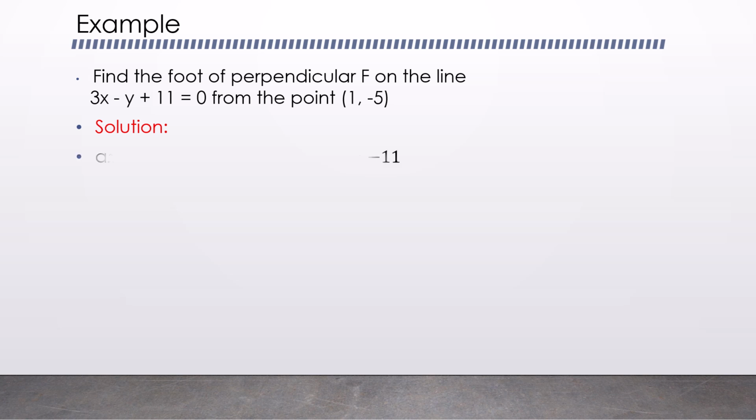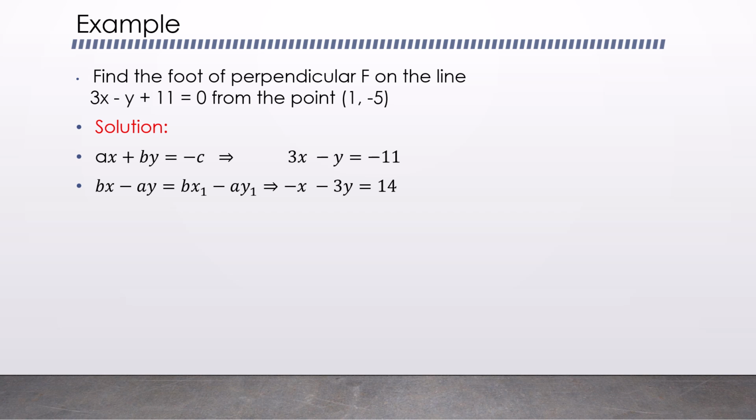We recall the equation of the given line is given by ax plus by equals minus c. This implies 3x minus y is equal to minus 11. And the equation of the perpendicular line is bx minus ay equal to bx1 minus ay1, which implies minus x minus 3y is equal to 14.